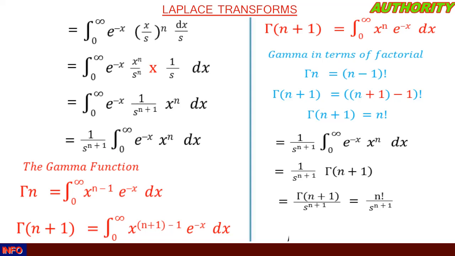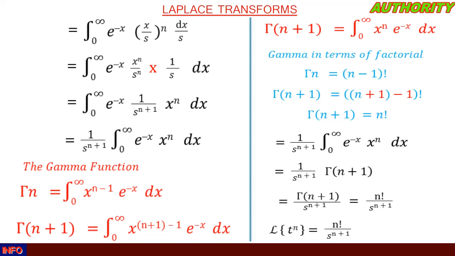N factorial. Isn't it? So that means we can replace gamma of n plus 1 with n factorial. When we do so, we are going to have n factorial all over s to the power of n plus 1. All right? Good. So therefore, we have just simplified, evaluated, and computed.